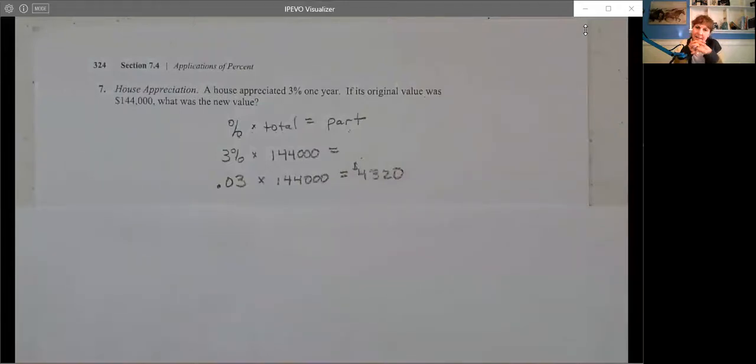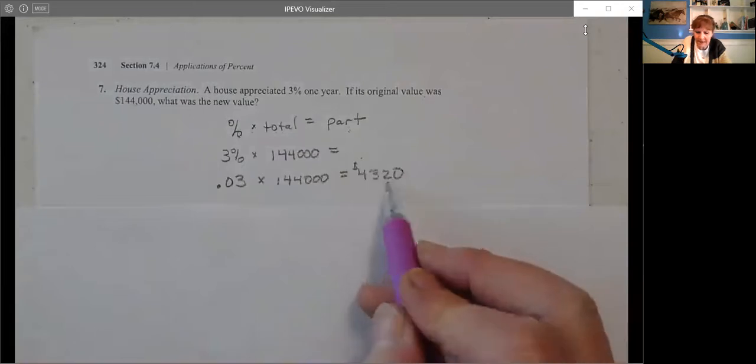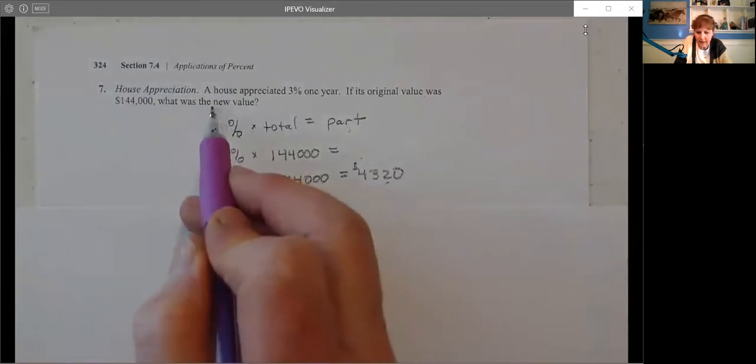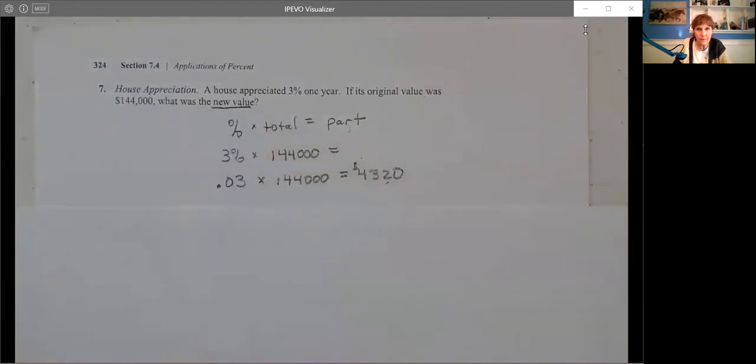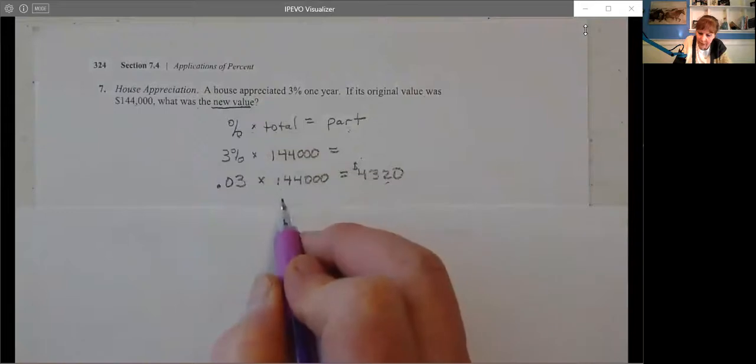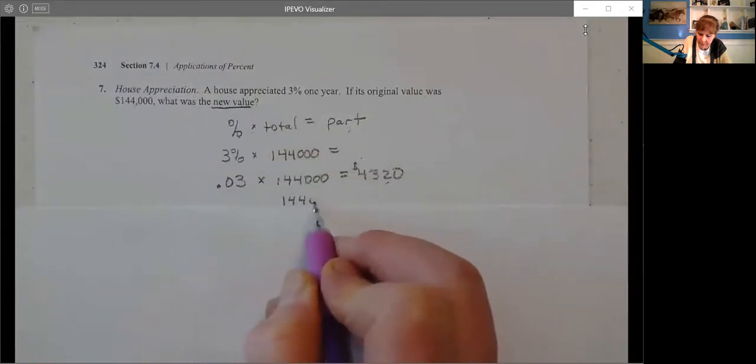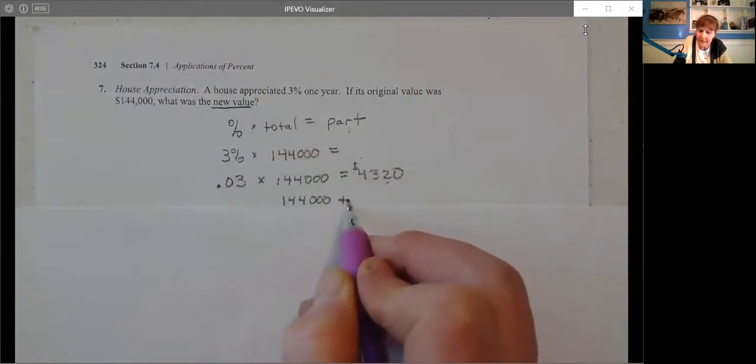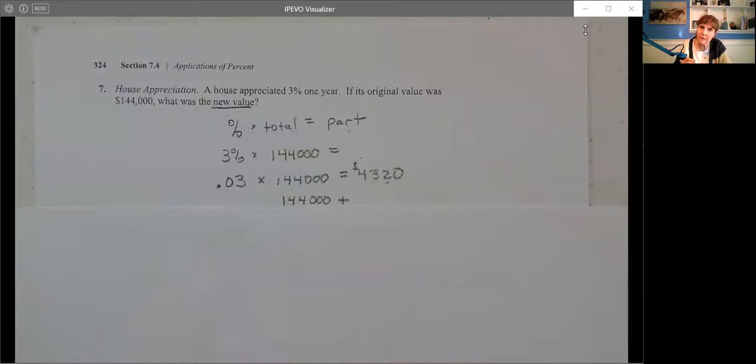But they didn't ask us for how much it appreciated, rather than depreciated, went down in value. This appreciated by this much, but that's not what they asked. They asked for the new value. So to find the new value, I'll take the old value and I will add the gain. Appreciation is a gain.